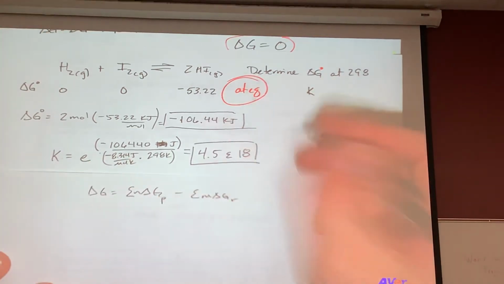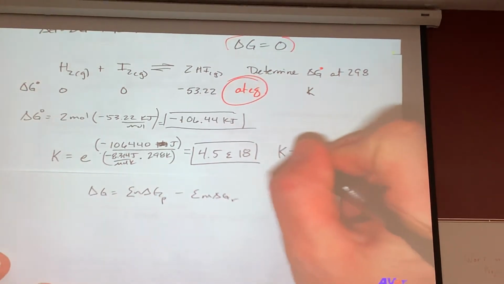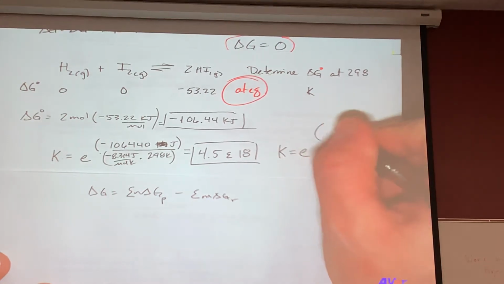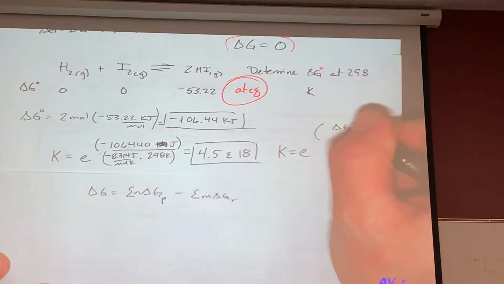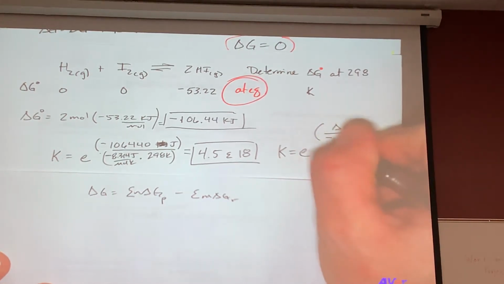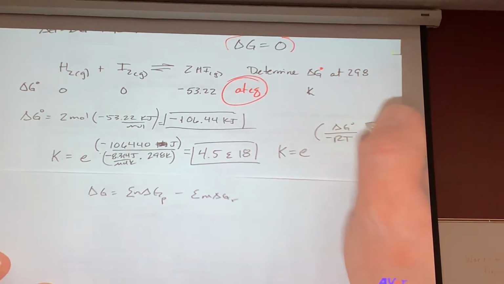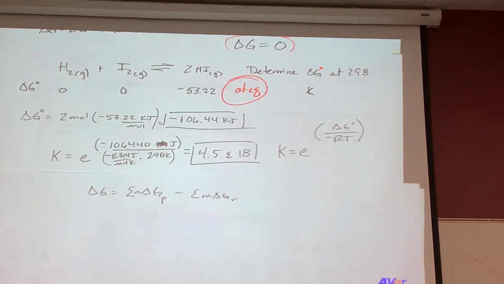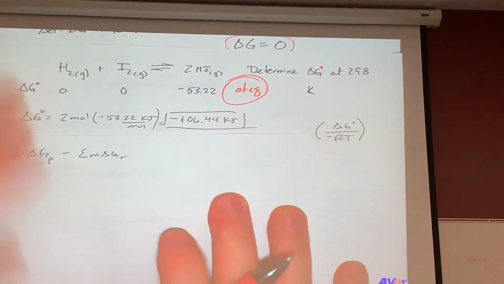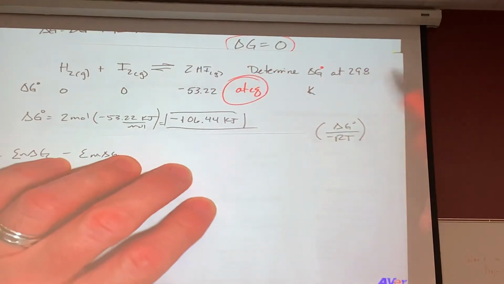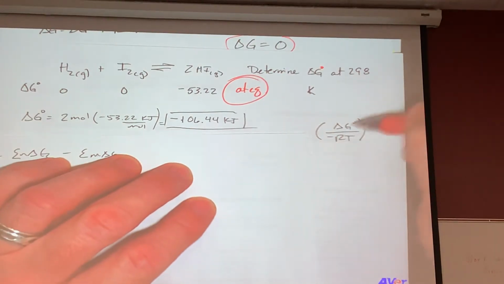Right here, this is my K equals e to this. So we have to find K. At this point, I'm so confused. If you look at the numbers you have at your disposal, you have delta G naught.